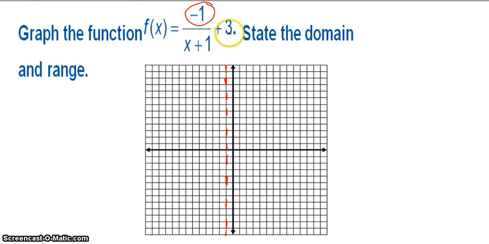And then I also have an asymptote at y equals 3. So, since I'm negative, I know I'm going to have something over here and something over here. So pretty much we just are hugging our asymptotes, but not quite reaching them.